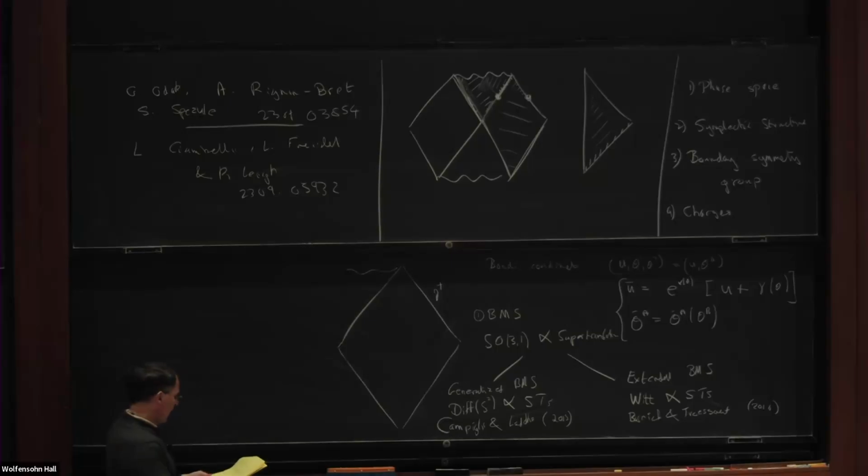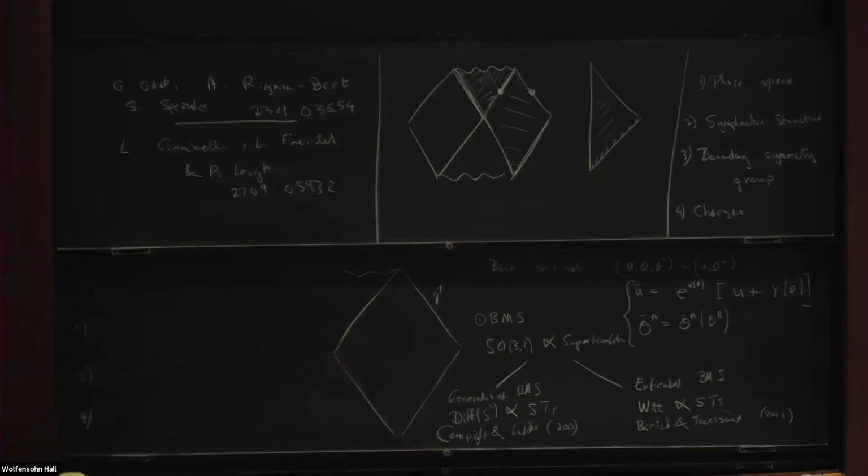So I'm just going to summarize four different choices of phase space that you can make on a horizon and what the four different symmetry groups are. I'm going to start with the smallest group. So there are four groups.